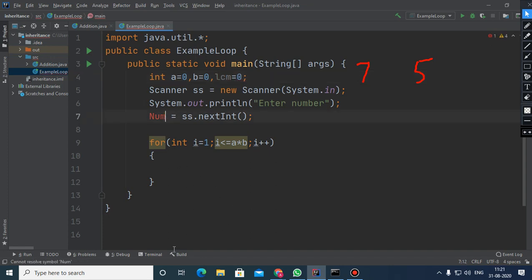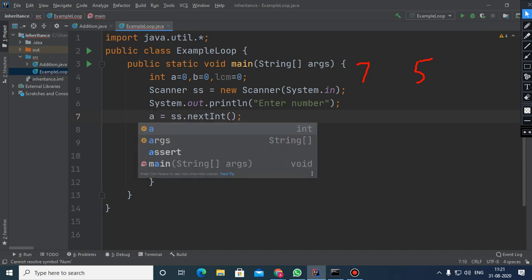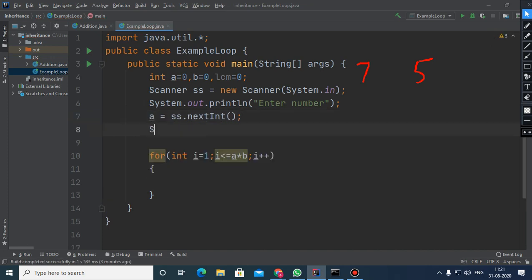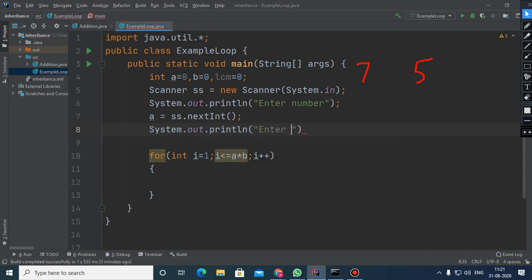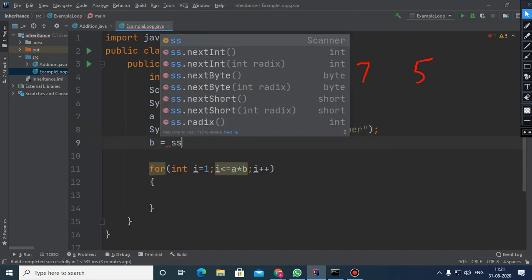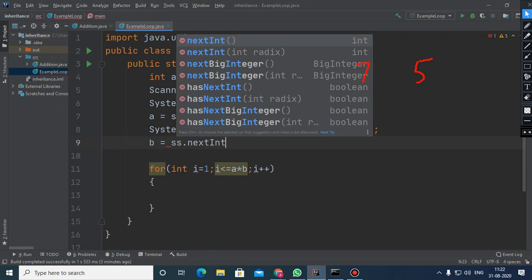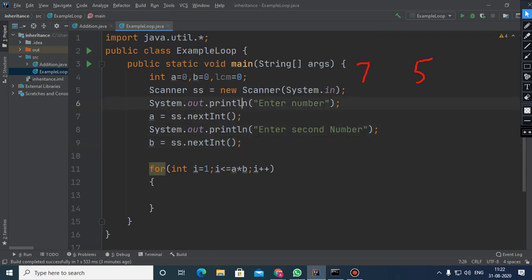Now we have entered A and here we have entered B. Enter first number, enter second number.